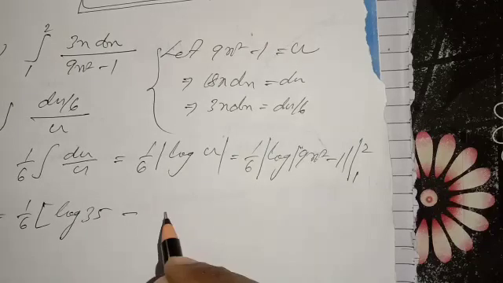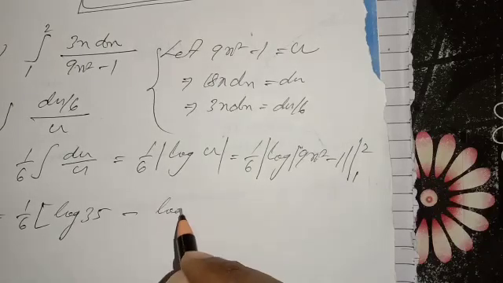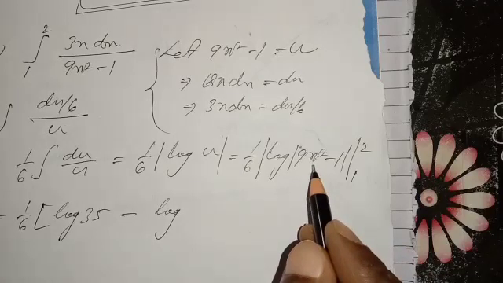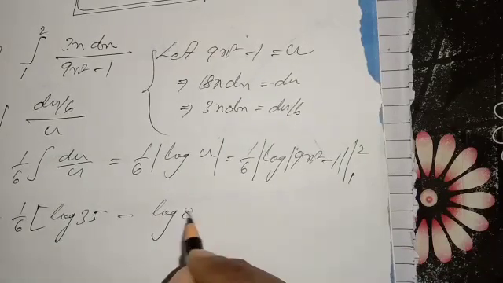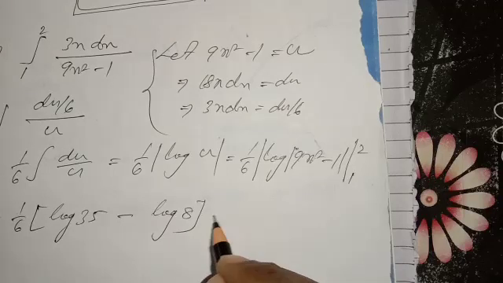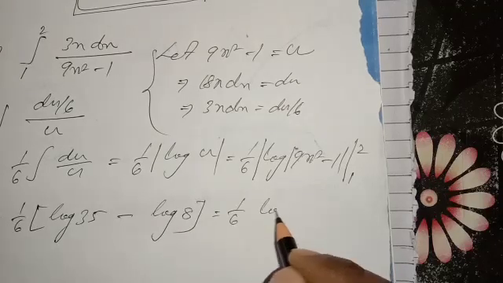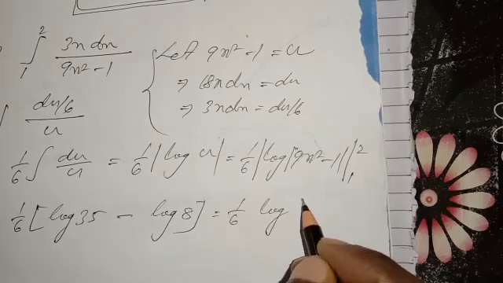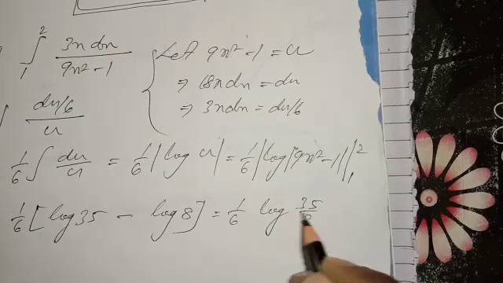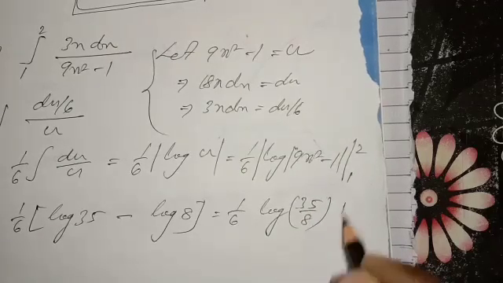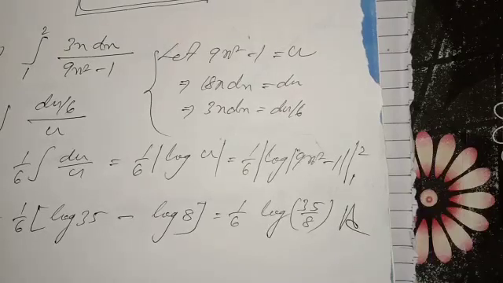Then minus lower limit value, putting x is equal to 1 here, 9 into 1 square is 9, 9 minus 1 is 8, log 8. Then this is coming 1 by 6 log, as per the logarithm property, log 35 by 8. This is the answer of number 3 first part.